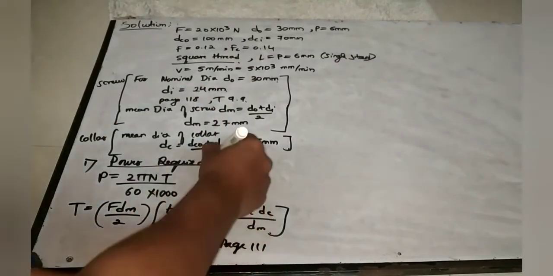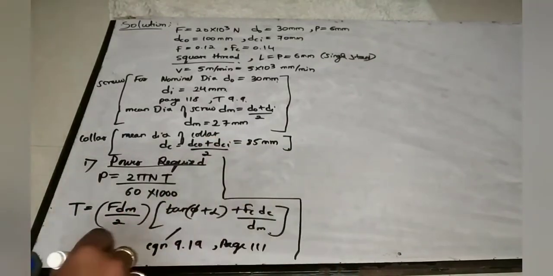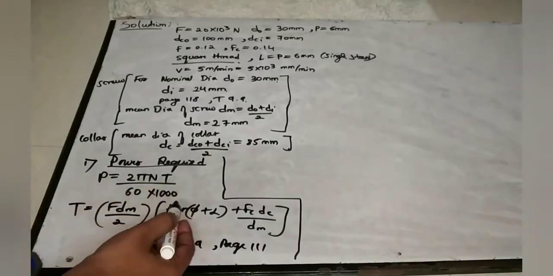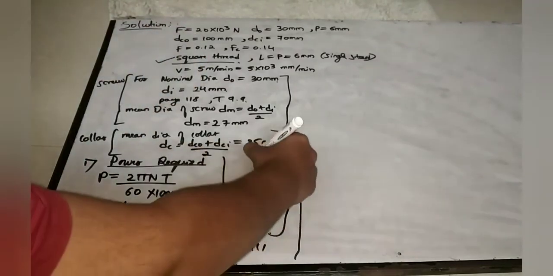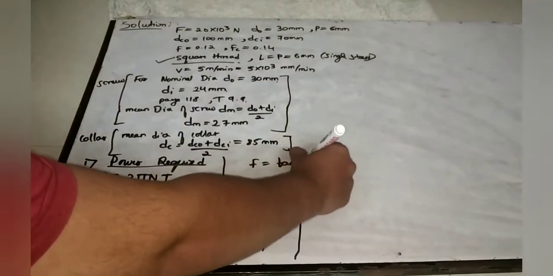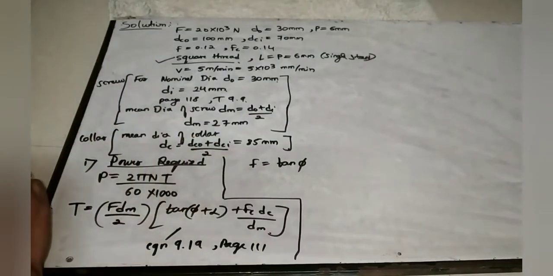Here first we'll find the friction angle. It is a square thread. For a square thread, the coefficient of friction F is directly tan phi. Other than a square thread, it is F by cos theta.